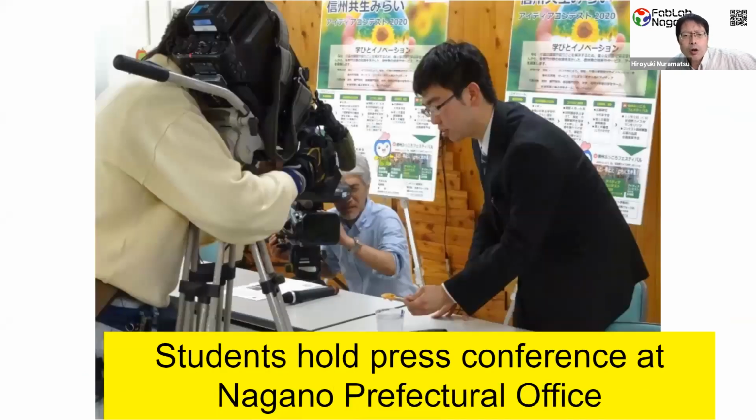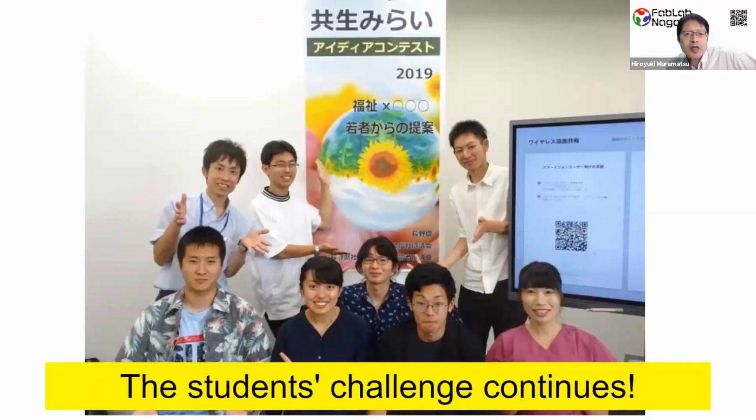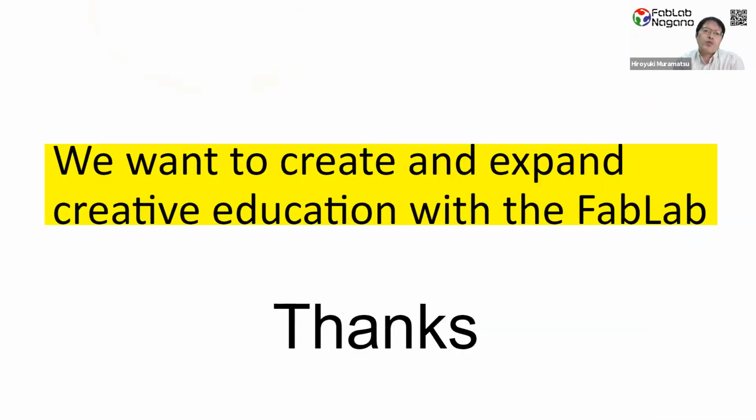And students held a press conference at Nagano Prefecture's office. It's a big event. The TV interviews. So the student challenge continues. We want to create and expand creative education with the FabLabs. Thank you all.